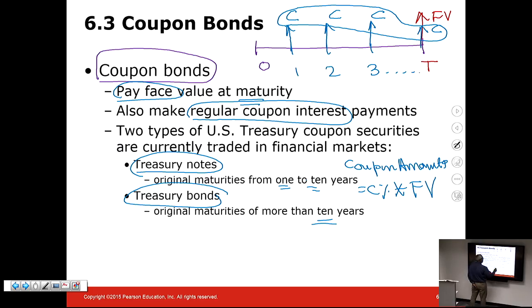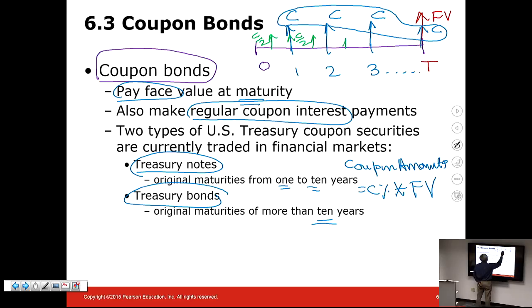So in the context of a timeline like this, there will not be just 1 coupon payment, there will be 2 coupon payments, for a total of C. That means C over 2 will be paid back every 6 months.